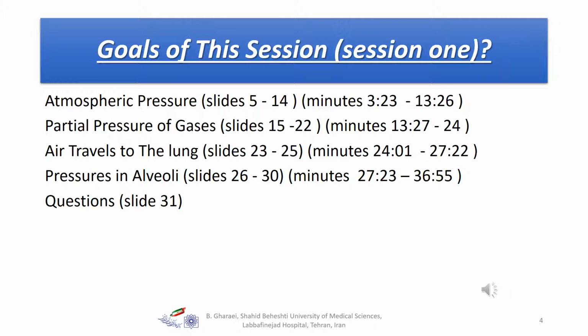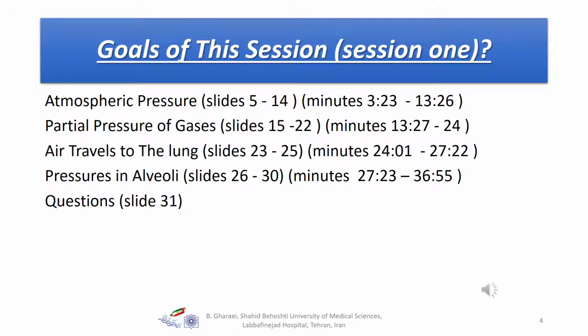We show you the goals of this session, which is the first session of this series. In this session, we are going to talk about atmospheric pressure, partial pressure of gases, how air travels to the lung, partial pressures in alveoli, and finally, we have one slide with some questions that helps you evaluate yourself.